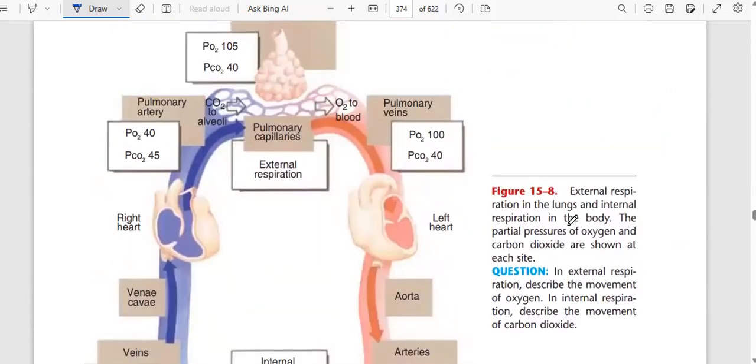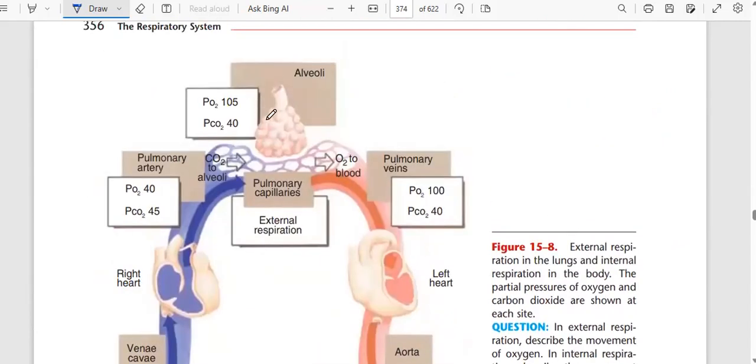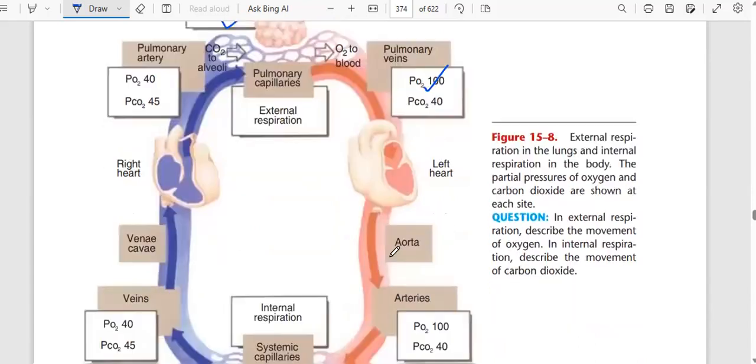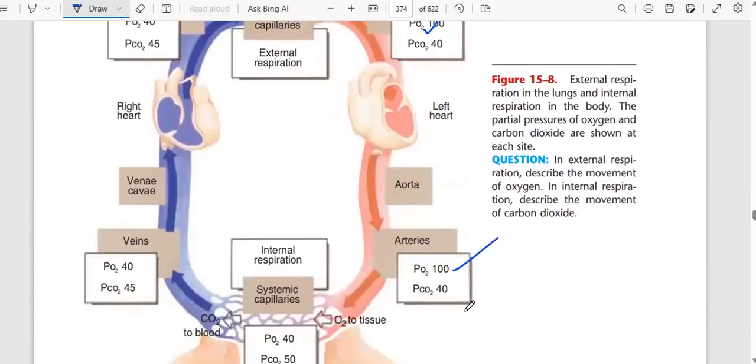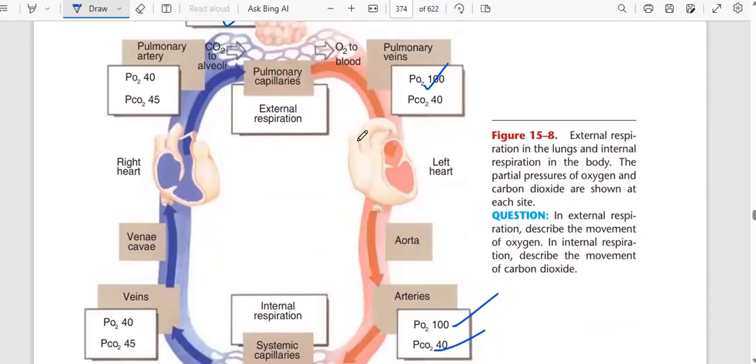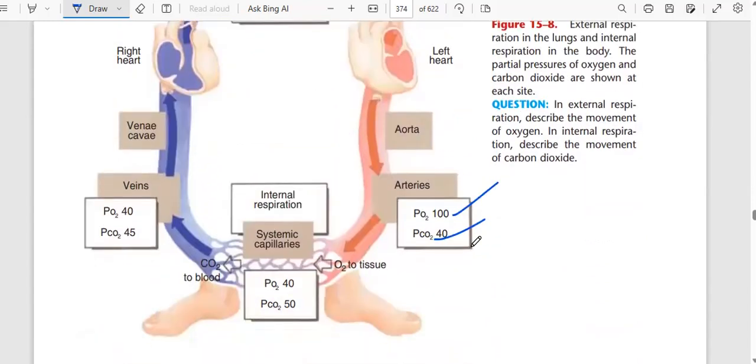The pressure is given here. How much pressure is there? In the alveoli, the oxygen pressure is 105 and carbon dioxide pressure is 40. In the pulmonary veins, carbon dioxide is 40 and oxygen 100. In the left side of the heart, the aorta, oxygen is 100 and carbon dioxide is 40. So whenever we check the test, in the artery we need 40 carbon dioxide and 100 oxygen.